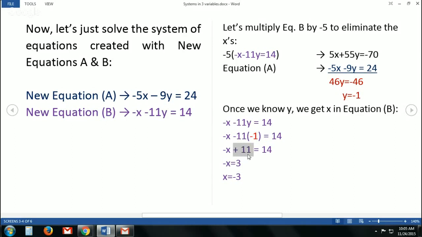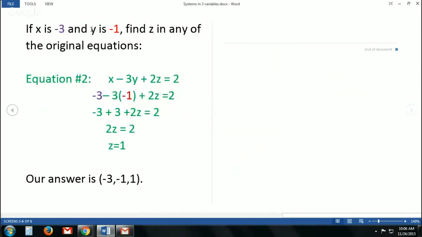If I subtract 11 from both sides, 14 minus 11 gives me 3. But now I don't want -x equals 3 for an answer. I want to solve that for positive x. Divide everything by -1, and we get x is -3. So at this point, I know that y is -1. I know that x is -3.